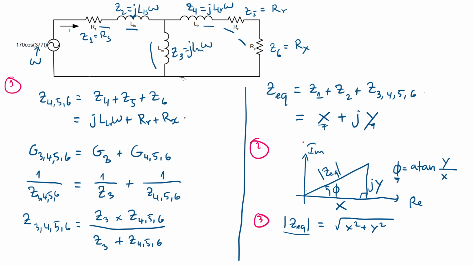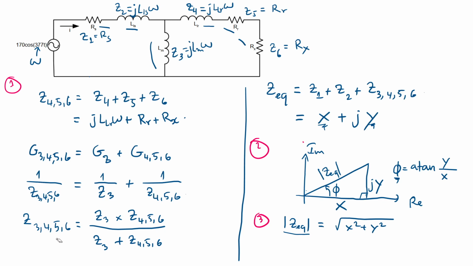So here, to find the sub-equivalent impedance for Z4, Z5 and Z6, because they are all connected in series, you just add them up as complex numbers. And then this term is connected in parallel with this, so you use this formulation: equivalent conductance equals the sum of all conductances in the parallel branches. Conductance is just the inverse of impedance.